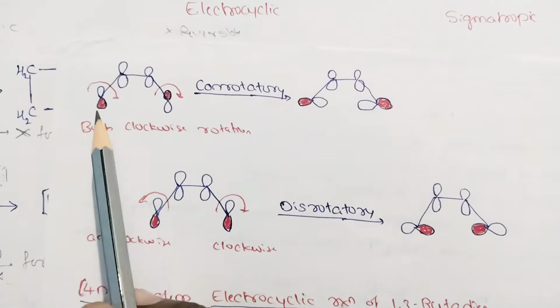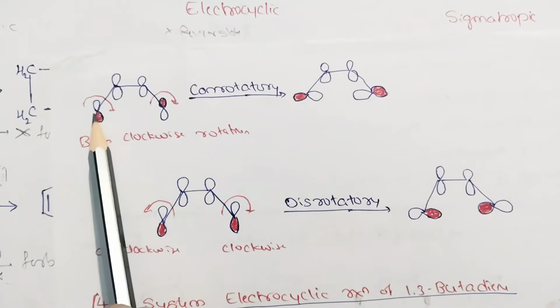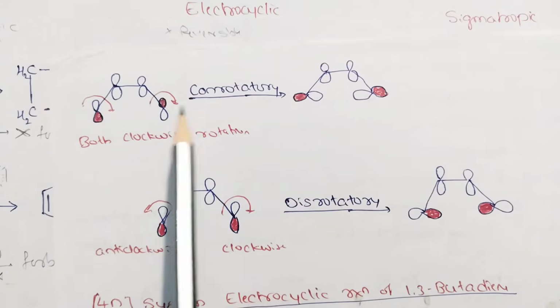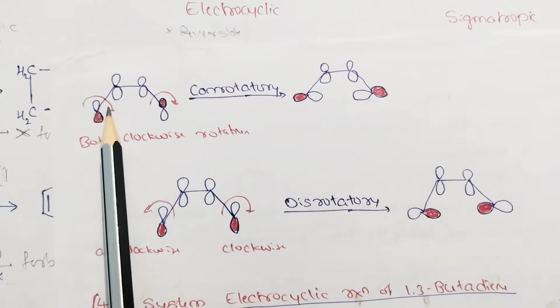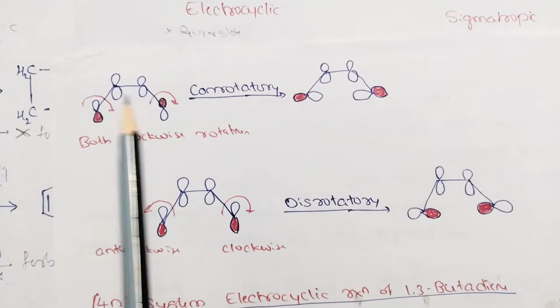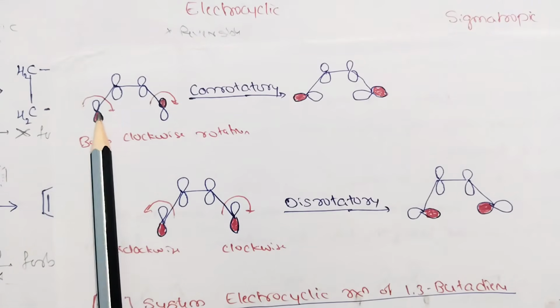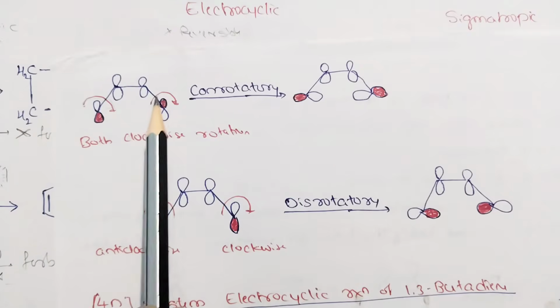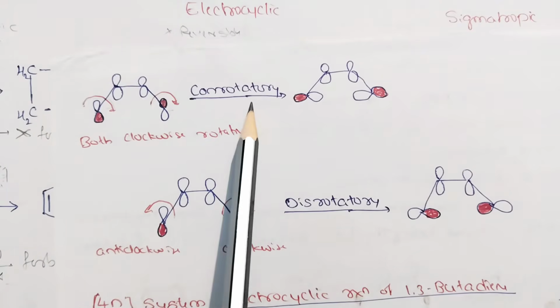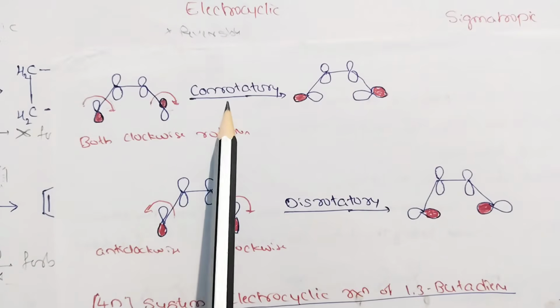So here this is a 4 carbon system, these are the p orbitals. This is conrotation, meaning both the p orbitals are rotating in a clockwise direction, or in the same direction. Hence this rotation is called conrotatory.